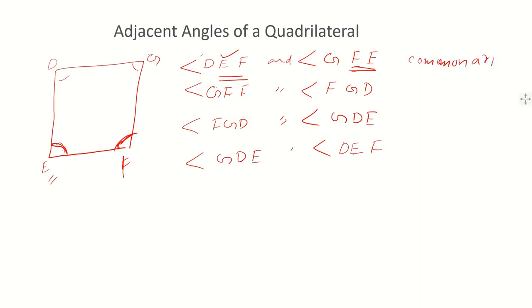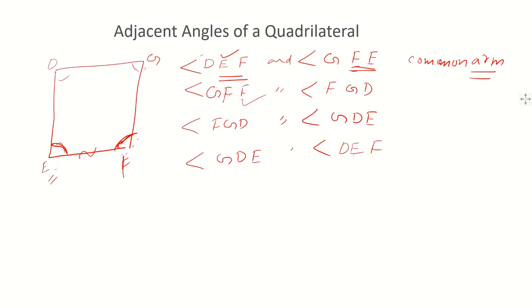Common side we can say. There is a common side. Here if you see EF and FG. When I named this angle, I named it as EFG. Correct? EFG. And then I named FGD, this one.